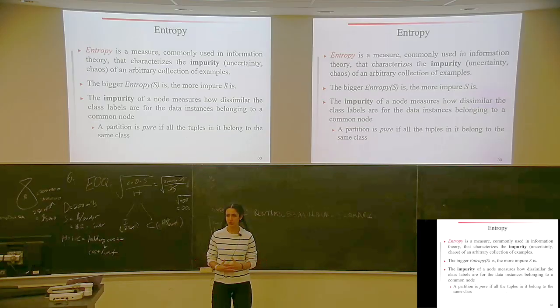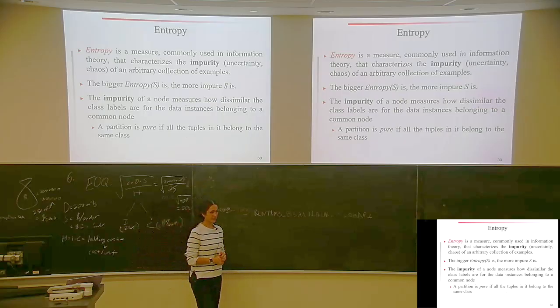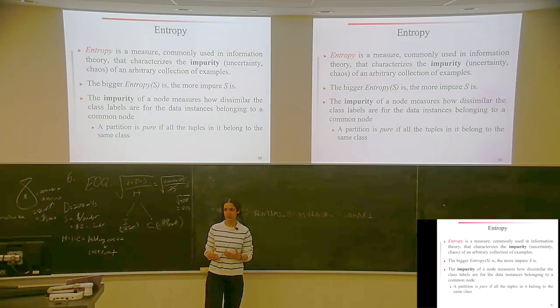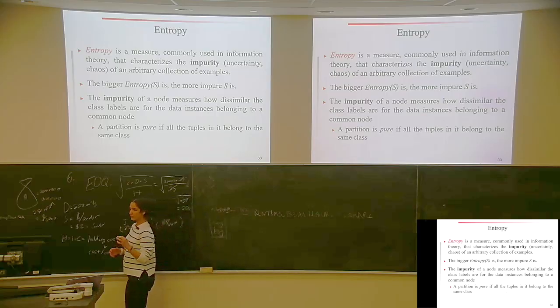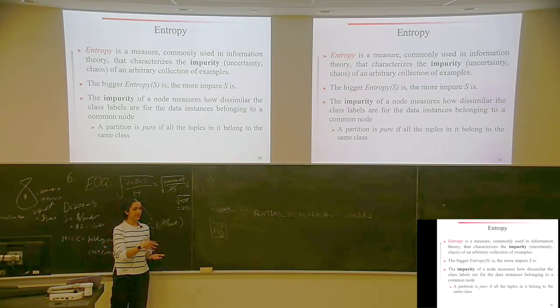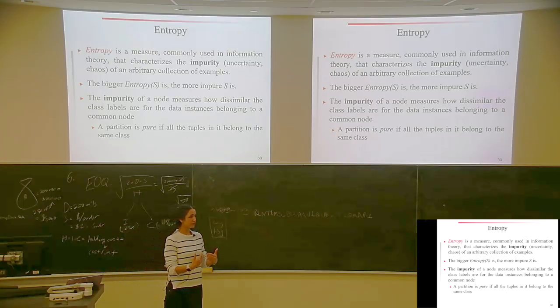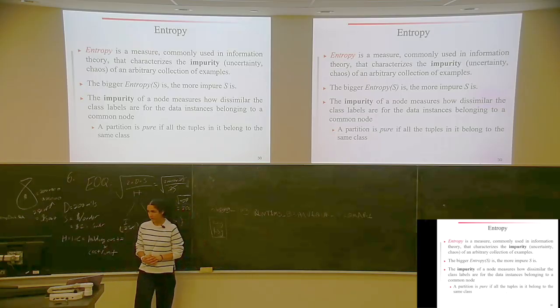What is the confusion? Zero. No confusion. We know all of them belong to the same class. The prediction is clear, so there is zero confusion and zero impurity. Entropy is zero. So entropy zero is the ideal case because it means all examples belong to the same class. So the lower the entropy, the purer your outcome is.